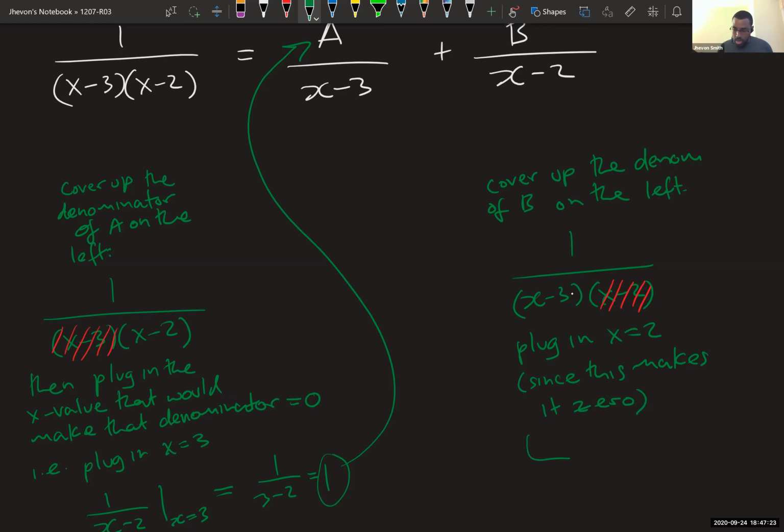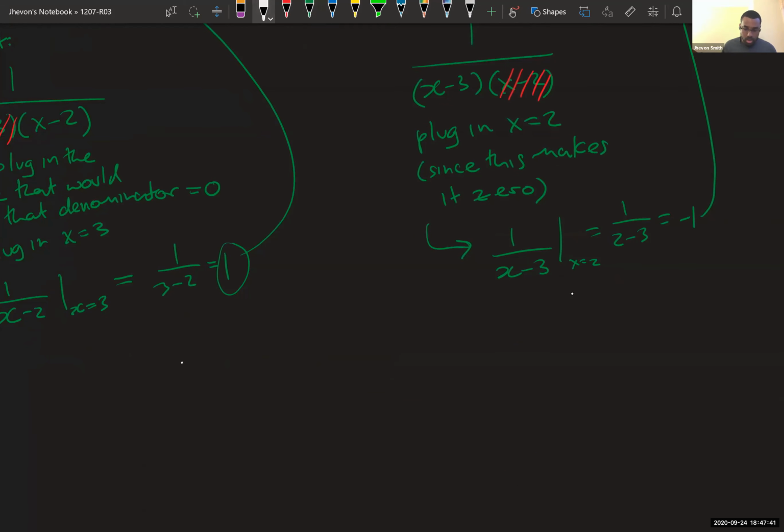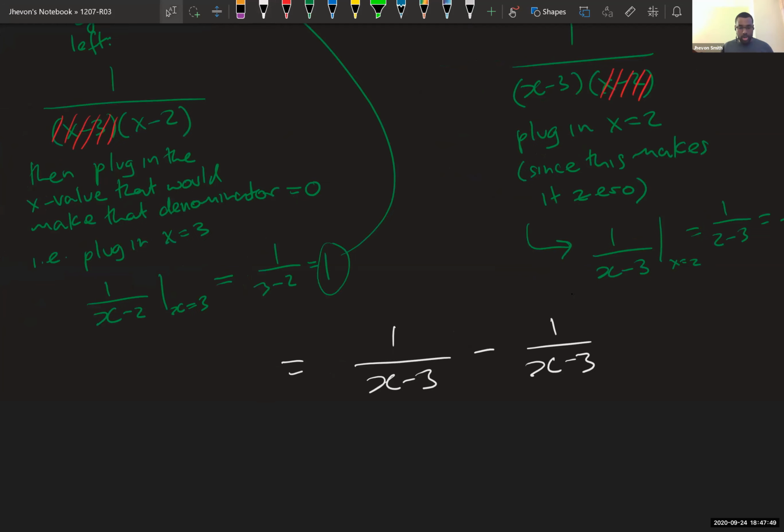And so this would lead to 1 over x minus 3, where I plugged in x equals 2. And this is just going to be 1 over 2 minus 3, which is minus 1. And that guy goes in position b. And you're going to realize that this can make your life a lot quicker, a lot easier.